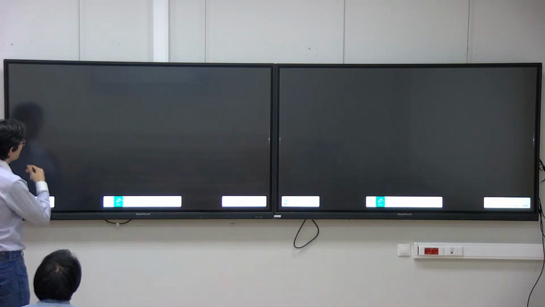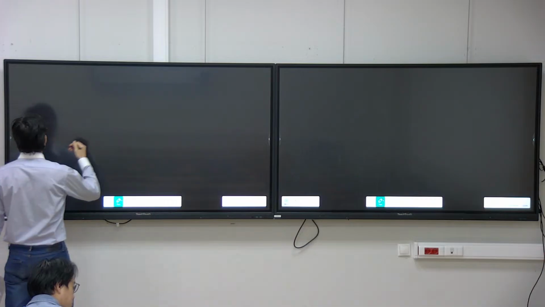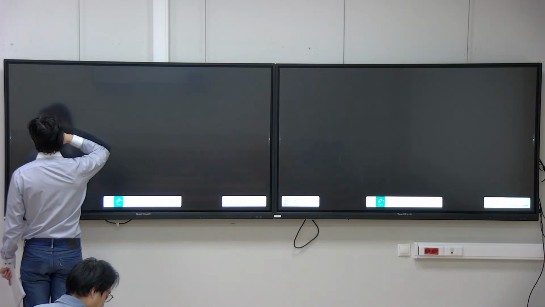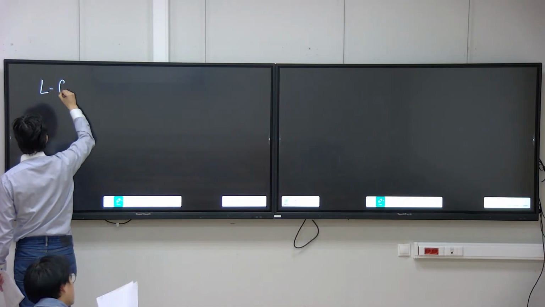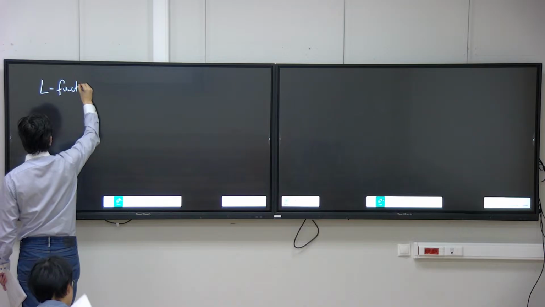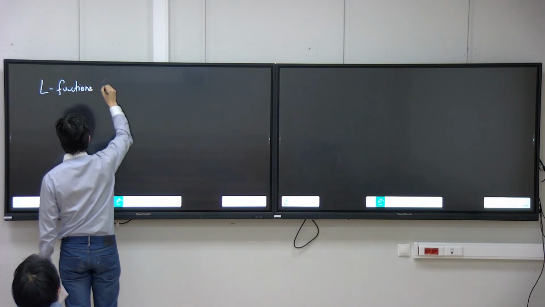So today we try to do something more fun and look at some applications. I want to look at L-functions, maybe in great generality.